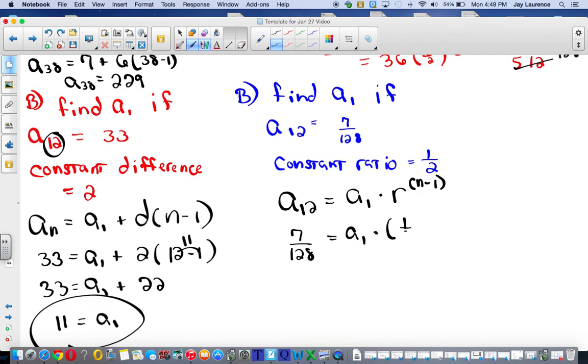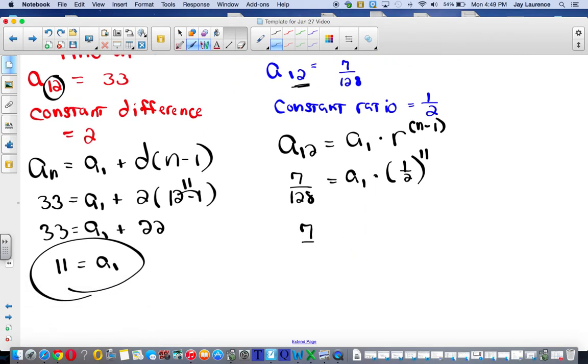Constant ratio is 1/2, and it's to the power of 11, I believe. Right? 11? Yeah, because n is 12. Okay, so I've got 7 over 128 equals a sub 1 times 1 over 2048. How to get that? 2 to the 11th power. Okay, it's in the denominator.